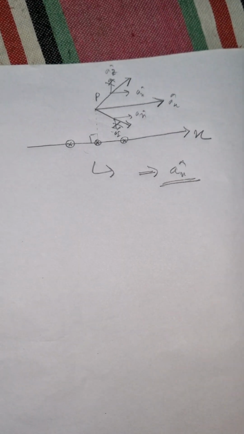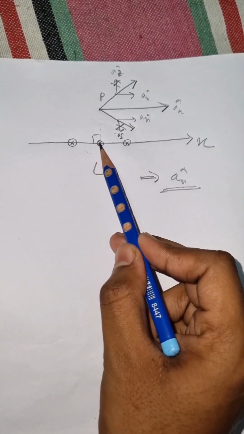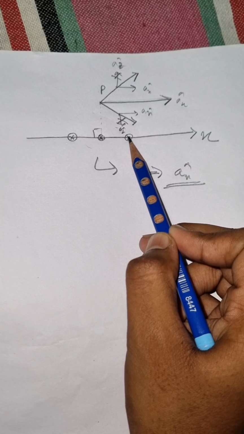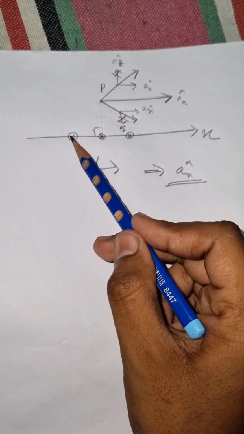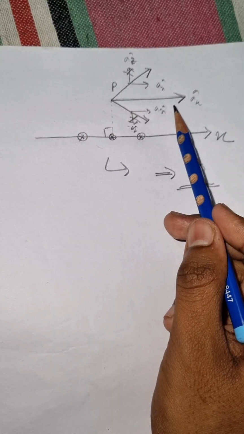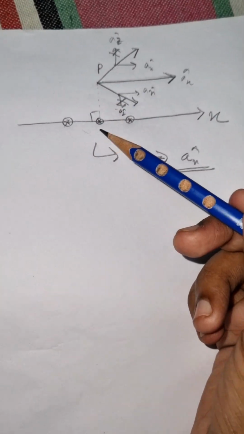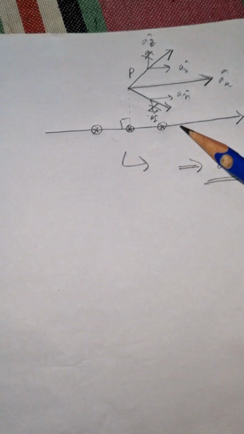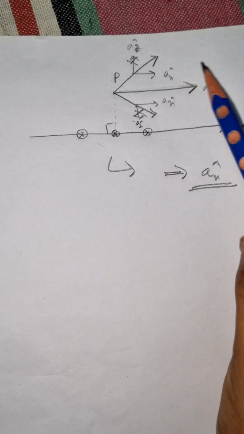Now let's understand one thing. This has direction of ax cap. This is a combination of ax and az, and this has also the same ax cap and different and opposite, I mean equal and opposite z cap. So az cap components will cut out.